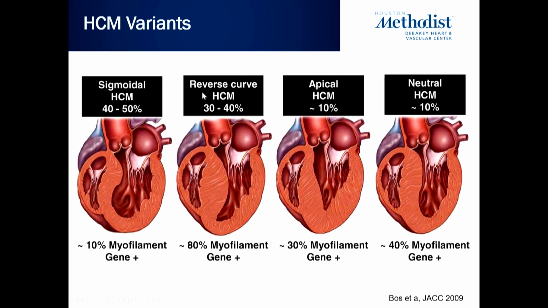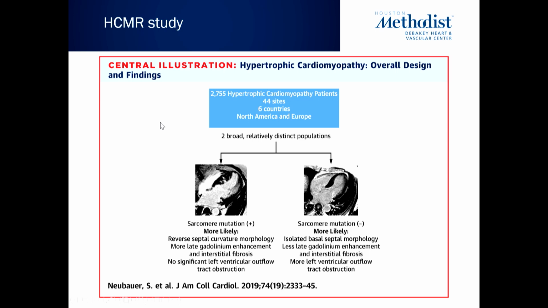So these are kind of the typical patterns, and as you notice, the reverse curve pattern is actually less likely to have LVOT obstruction and SAM, but you have massive hypertrophy. They're more often gene positive, and then you have the apical HCM and then the typical pattern of sigmoid HCM. More recently, there was the CMR registry, which I believe Dr. Nagueh also participated in.